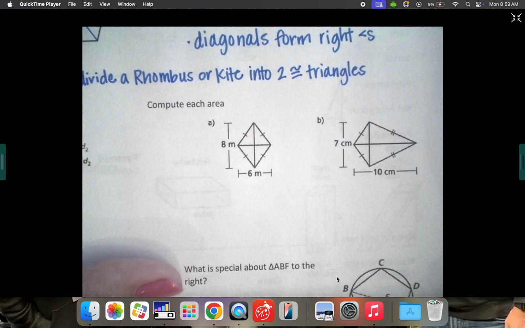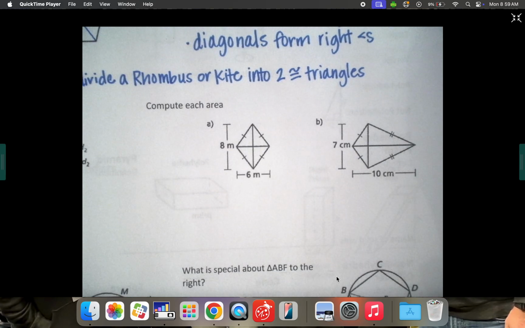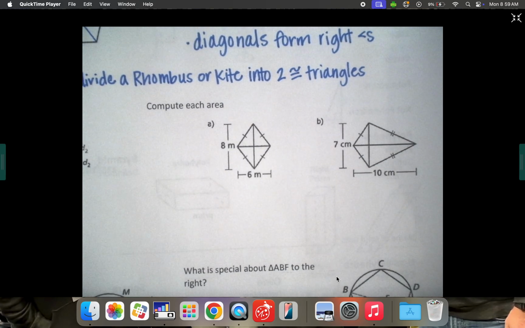Okay, think about the shape that we formed with their diagonals. You can divide them up into 2 congruent triangles.